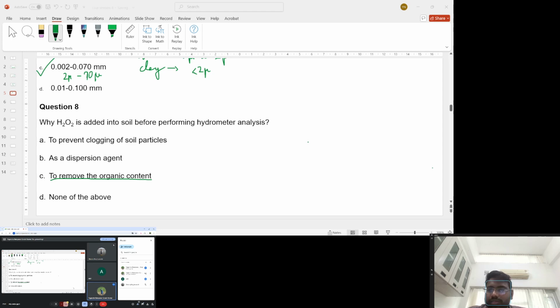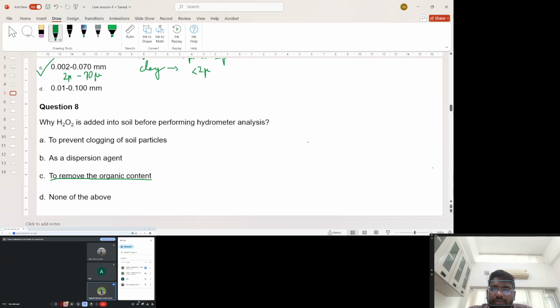Will it oxidize the organic matter, sir? Yeah. Hydrogen peroxide is a very strong oxidizing agent, which you might have come across in your 12th standard chemistry. It will oxidize the organic matter that is present.